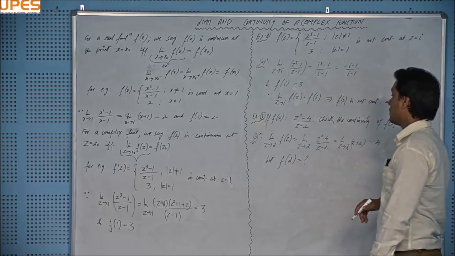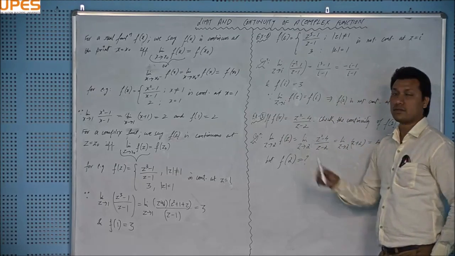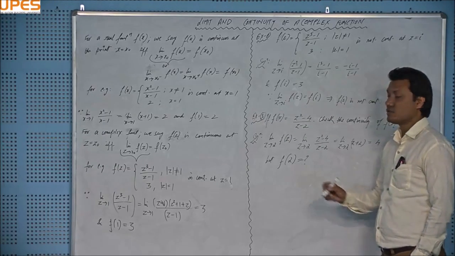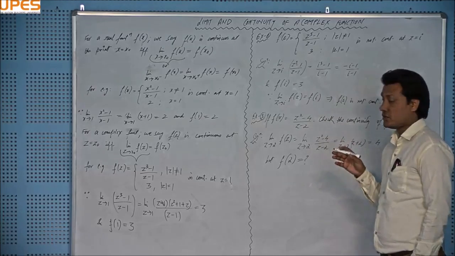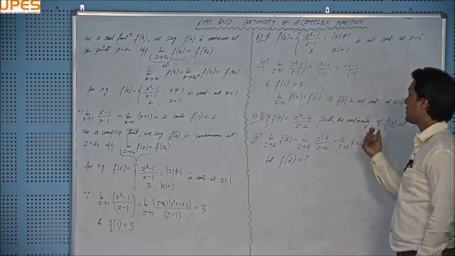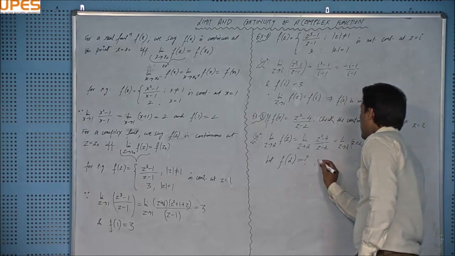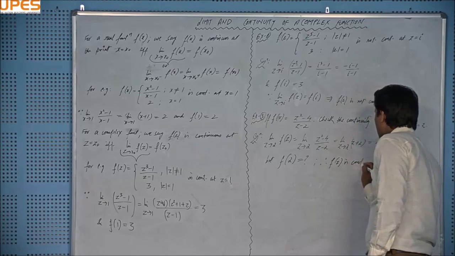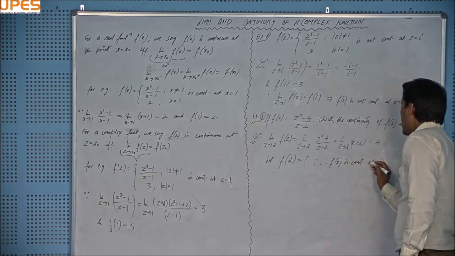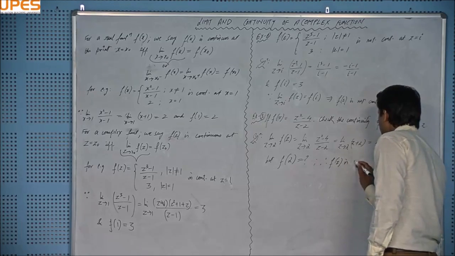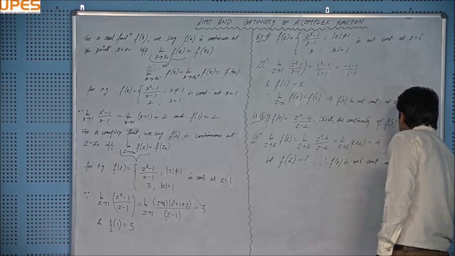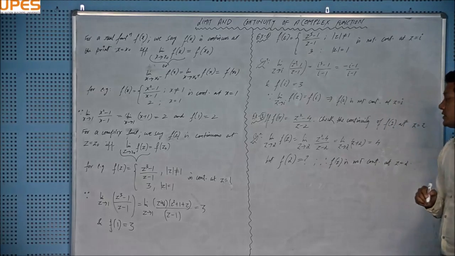You cannot use this function for z equal to 2, so f(2) is not defined. Therefore we cannot say that f(z) is continuous at z equal to 2.